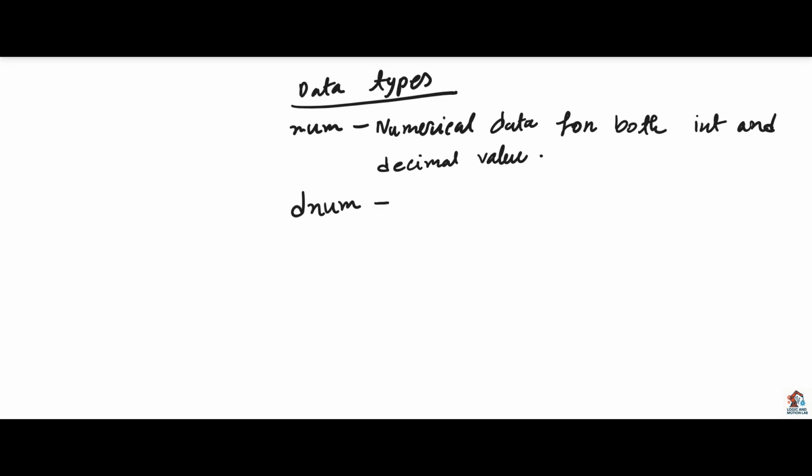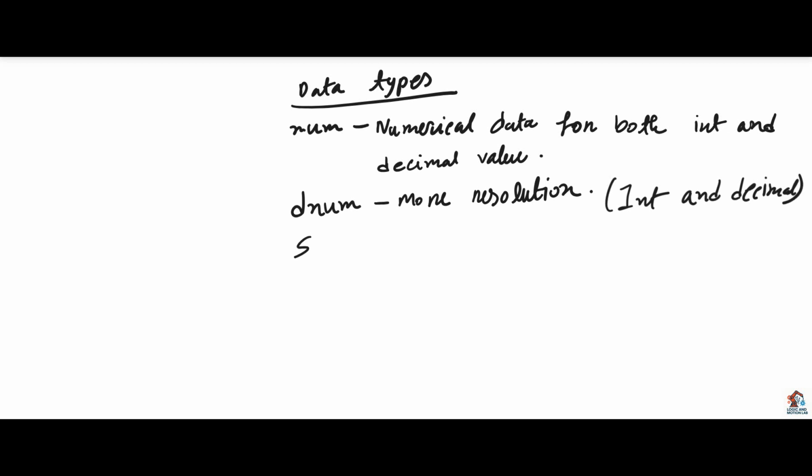Denom is basically the same as num, just it has more resolution, so it can store bigger data than num. It is also used for both integer and decimal.